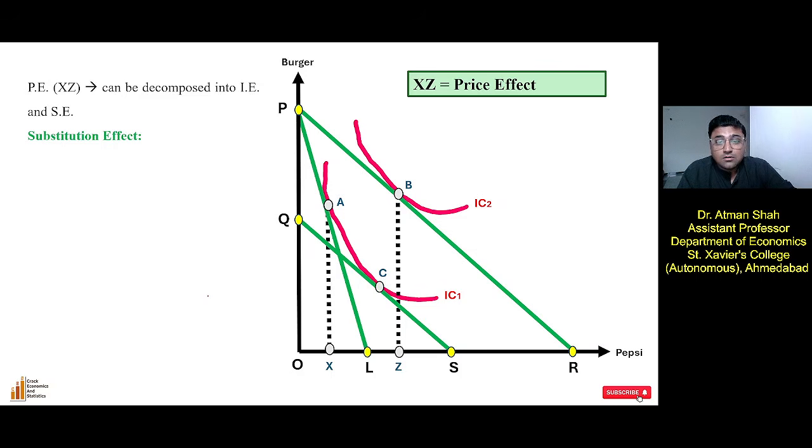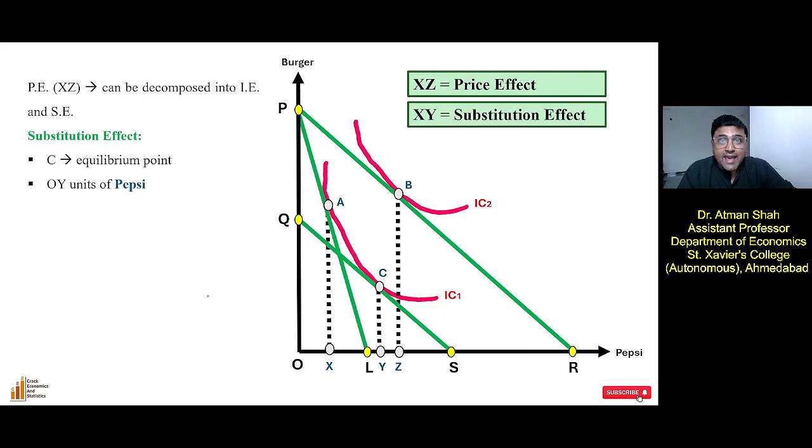Now, QS is tangent to IC1 at point C. So C is our equilibrium point, and the consumer purchases OY units of Pepsi. So this XY is the substitution effect.